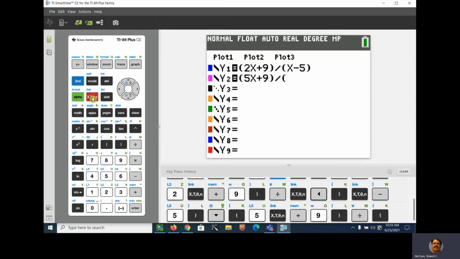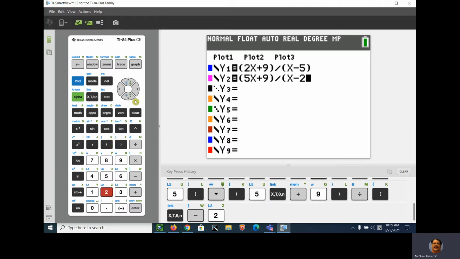And of course, algebraically, you see that the function does not exist at positive 5 and positive 2, because you set the denominator equal to 0. So you know there are vertical asymptotes at 5 and 2. And as far as horizontal asymptotes, 2 and 5, and the graph.